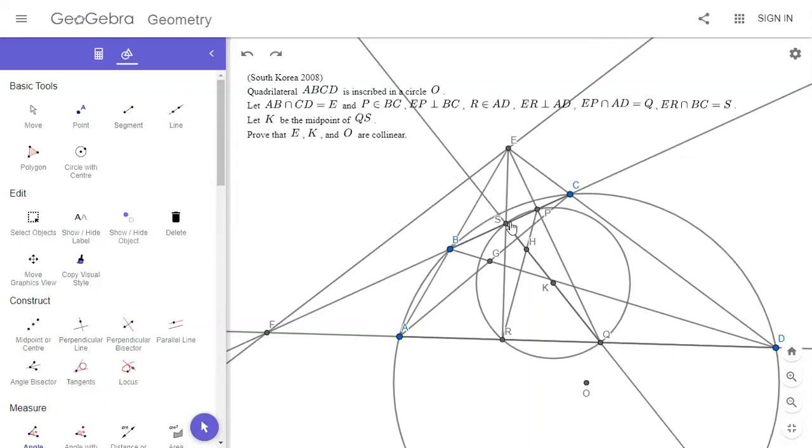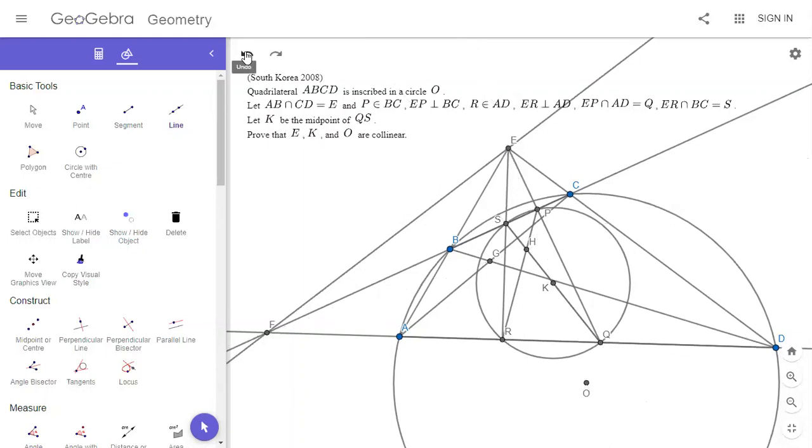Okay, so basically S is the orthocenter of EFQ, right? I'm sorry. So I think FH is perpendicular to EK? I think that's true by Ricard's. Yeah, okay.